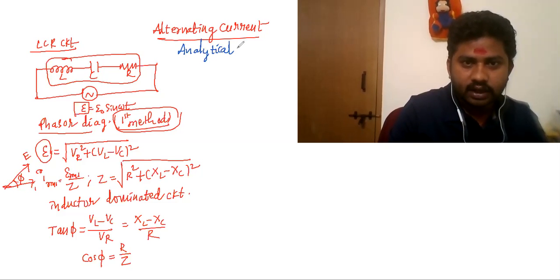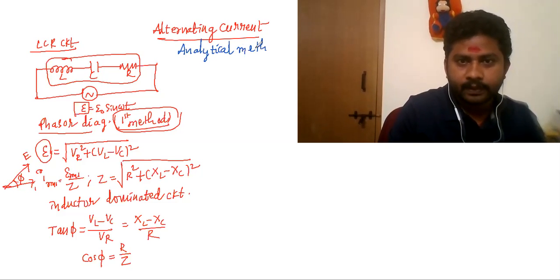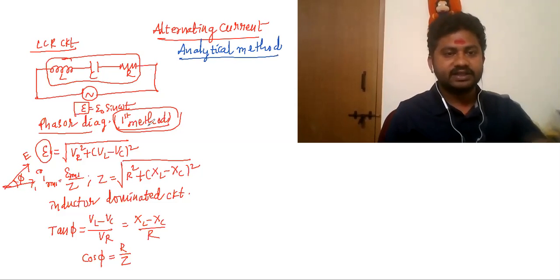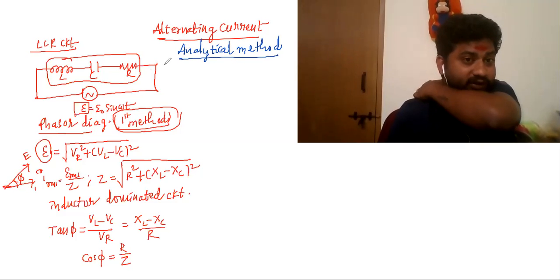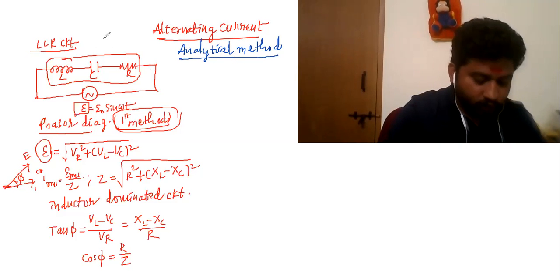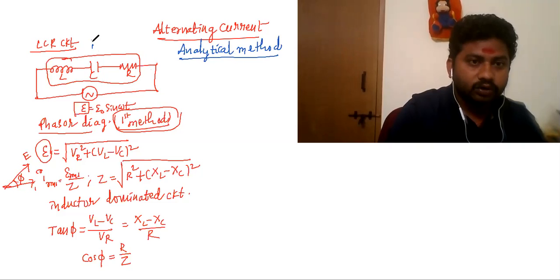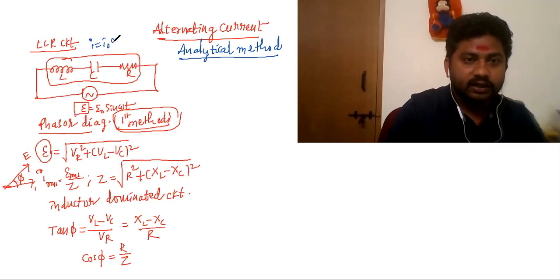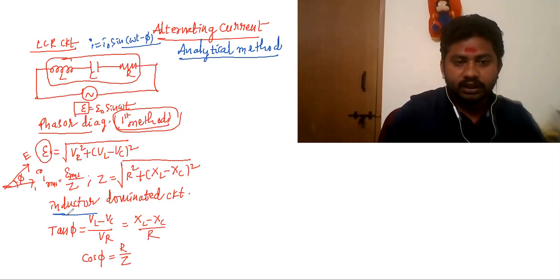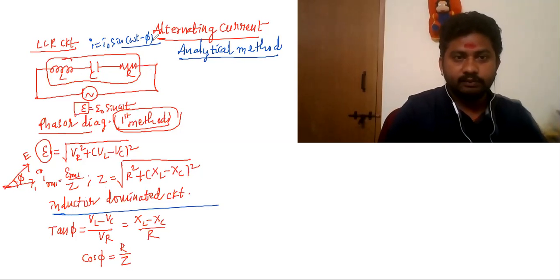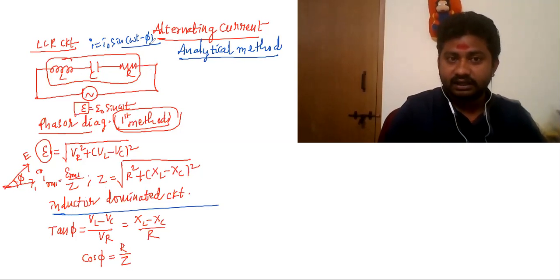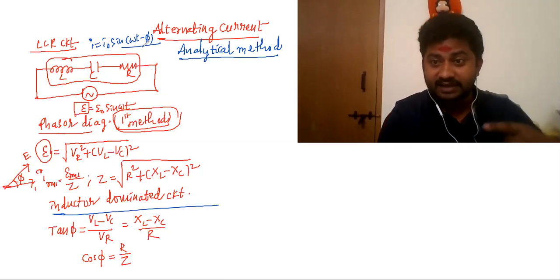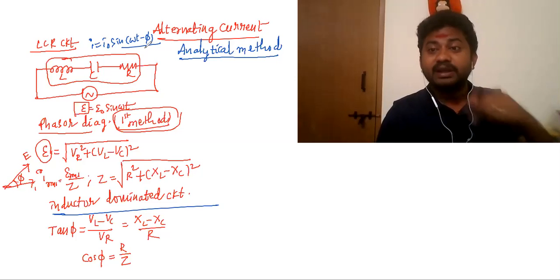In the same concept we found I is equal to I naught sine omega t minus phi, because in an inductive dominating circuit the current will be lagging. Remember, if it is capacitance dominated, the current will be leading.